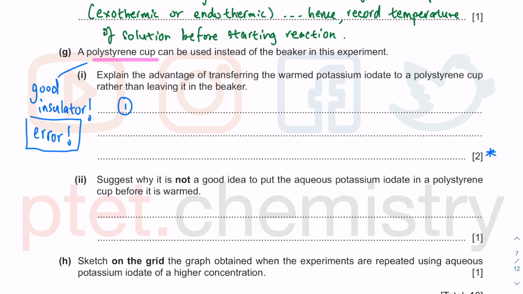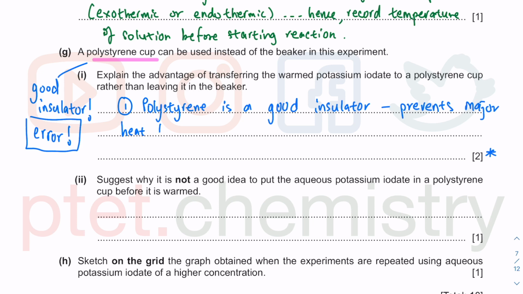The first one, of course, is that polystyrene is a good insulator. If it is a good insulator, it will prevent major heat loss from the warm potassium iodide, because you don't want the potassium iodide to cool down very quickly, as you want the reaction to take place at the temperature of the solution to begin with.